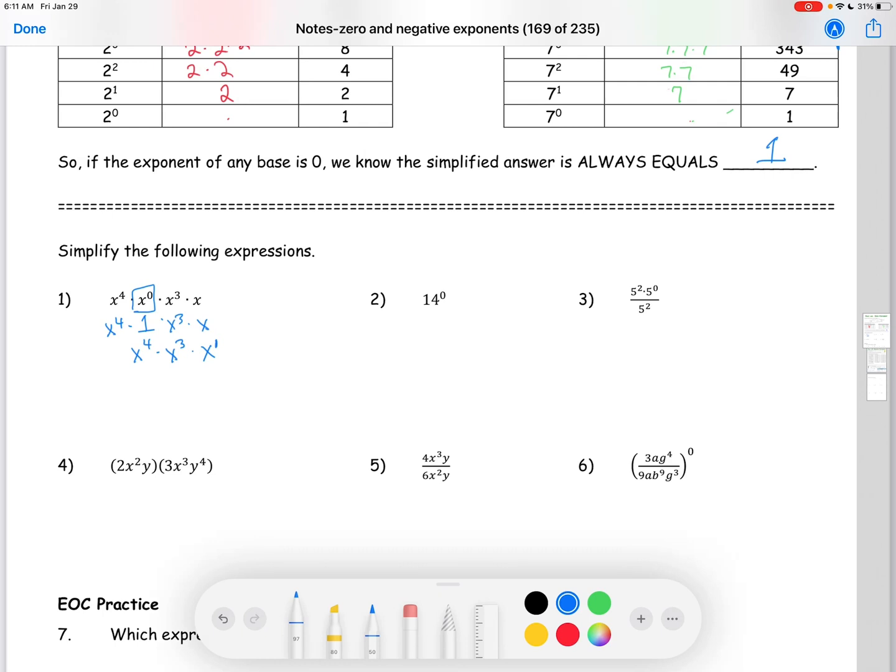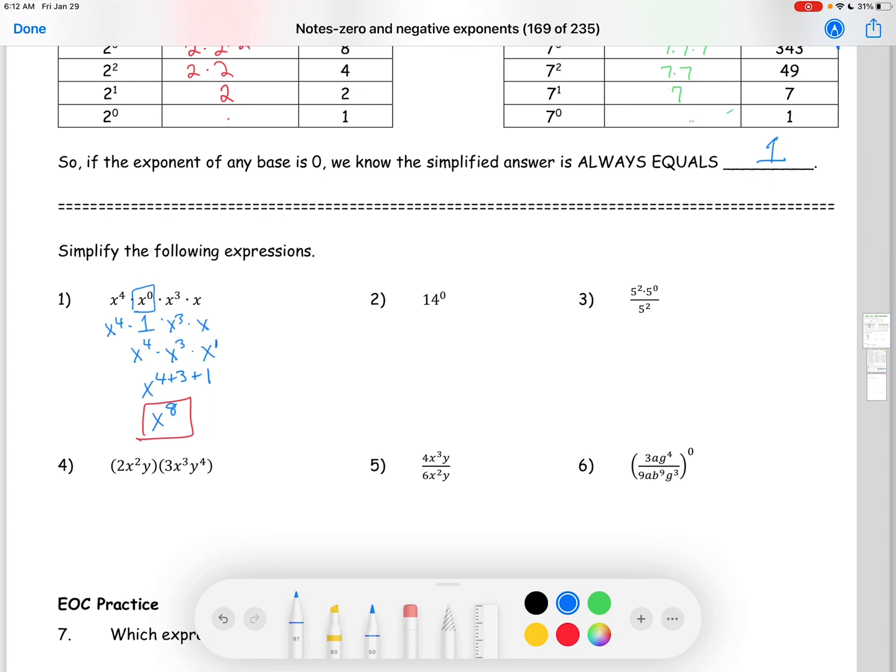All right, we're going to add them. So this becomes x to the fourth plus 3 plus 1. 4 plus 3 plus 1 is x to the eighth. So our final answer here is x to the eighth. We could have started simple, but it's okay. You know these other rules. So we're going to just keep moving.